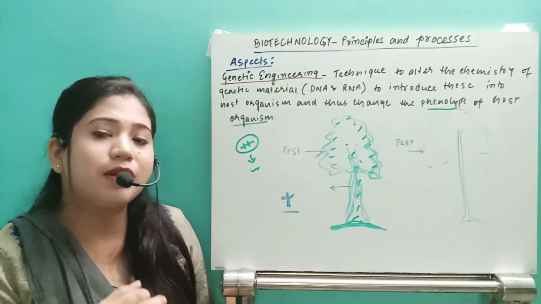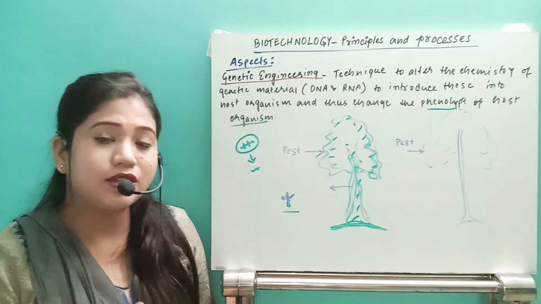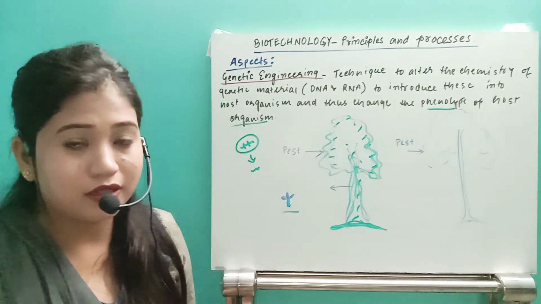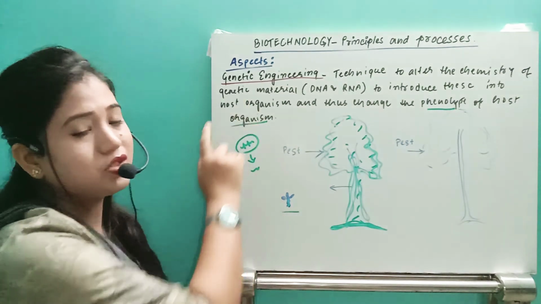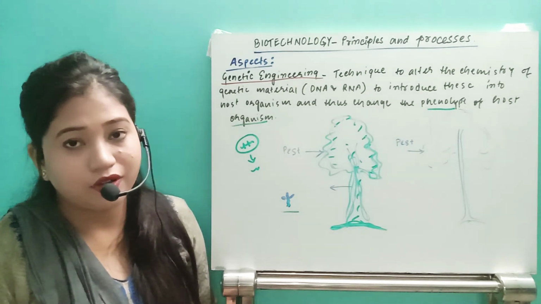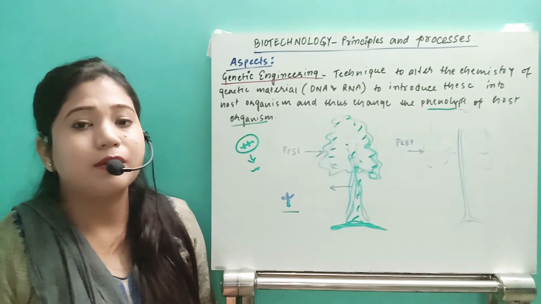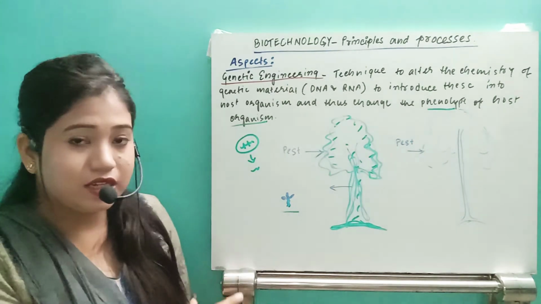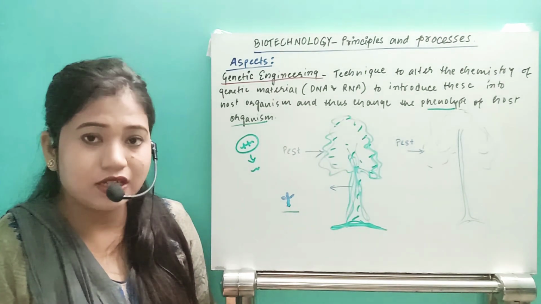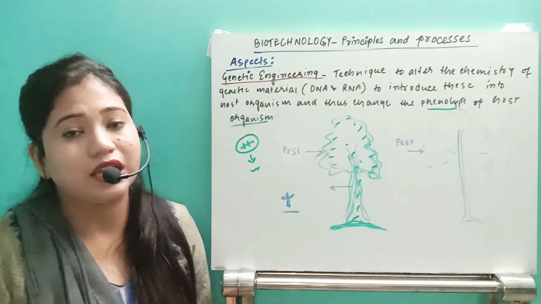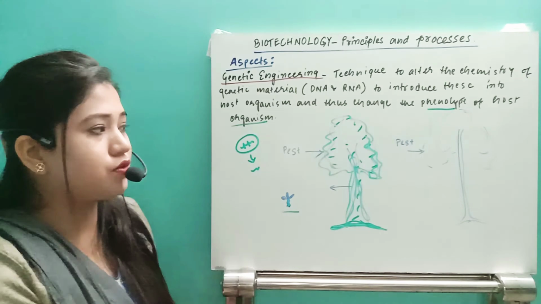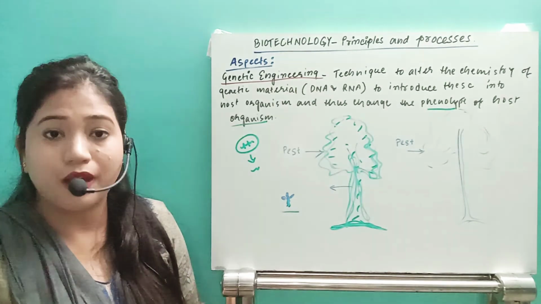And if we are able to understand that the baby is going to suffer from SCID before birth, and the gene is corrected by genetic engineering, then forever he or she can completely recover from the disease. So that is the power of genetic engineering, by which we can completely cure lots of genetic disorders, genetic diseases like enzyme-linked disease, SCID, or it can also be introduced into a plant so that we can make that plant pest resistant.